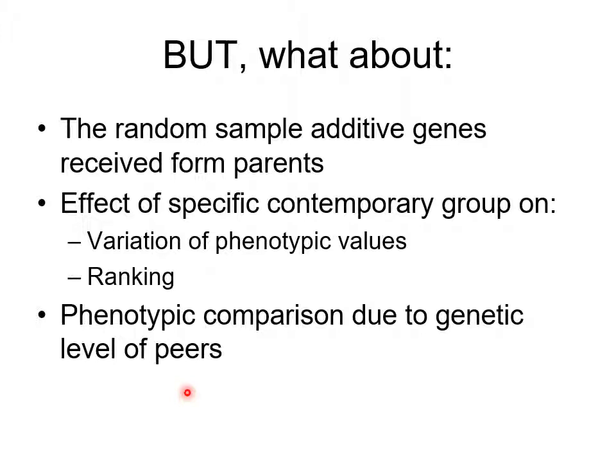So the next developments in breeding value predictions have taken this into consideration. I would like to call it the gene flow from the parents down to the progeny, which needs to be taken into consideration in this whole process.